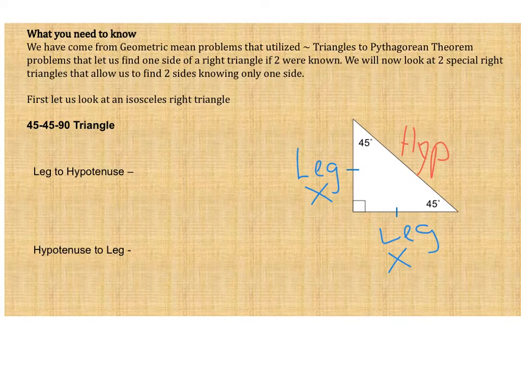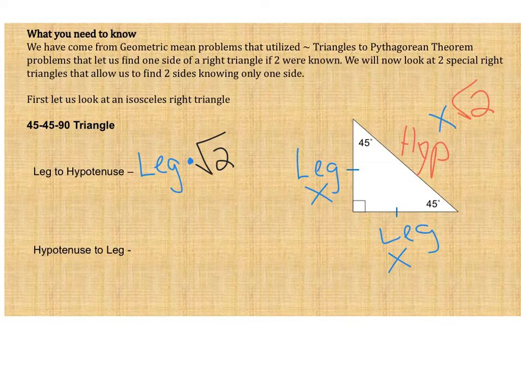What you would do is to go from the leg to the hypotenuse, you would take the leg and multiply by root 2. That's the rule. They did the Pythagorean theorem a gazillion times and figured it out. So here I know that my hypotenuse would be x times root 2.